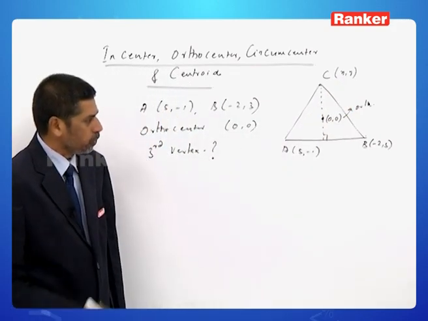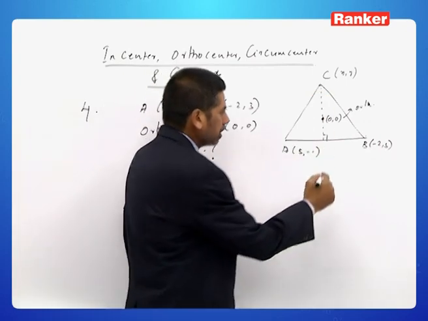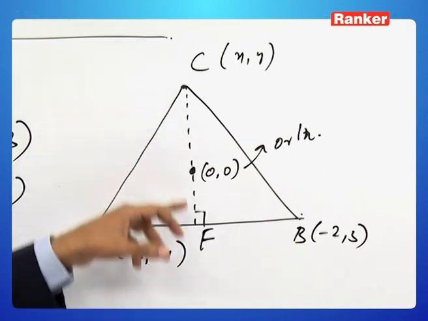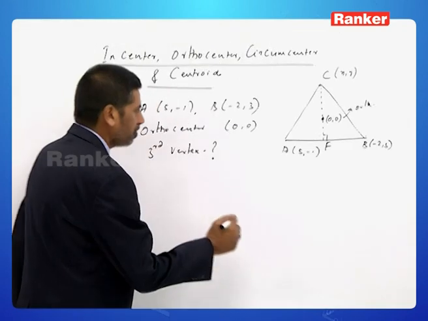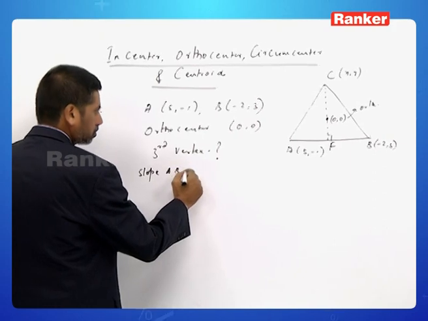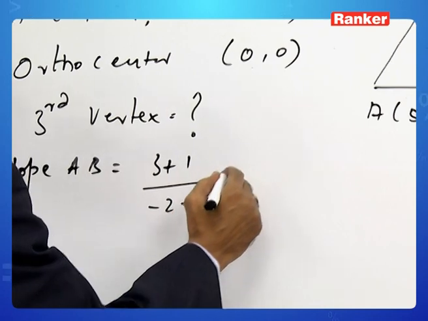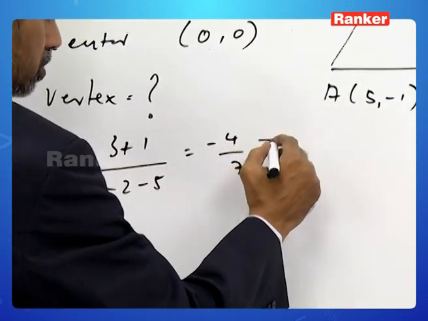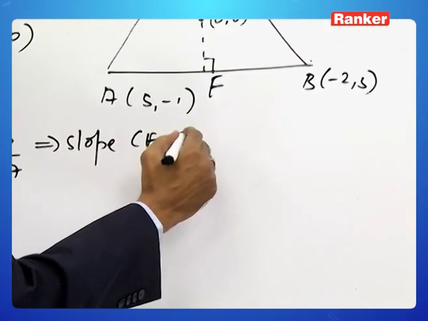So first what you can do is build the equation of, let us say, CF. The slope of CF will be the negative reciprocal of the slope of AB. So we'll first determine the slope of AB. It is (3 plus 1) by (minus 2 minus 5), which is minus 4 by 7, which implies the slope of CF is 7 by 4.